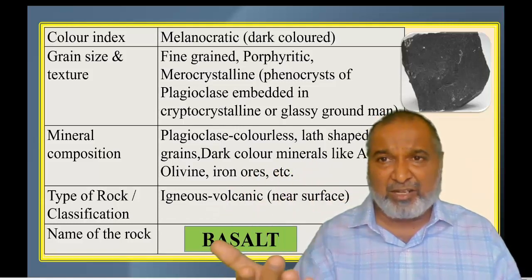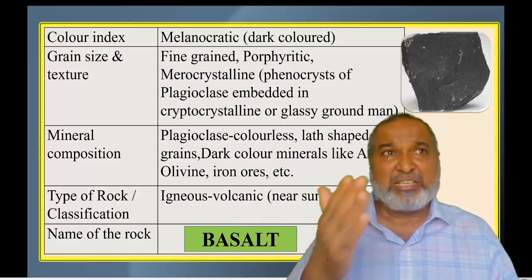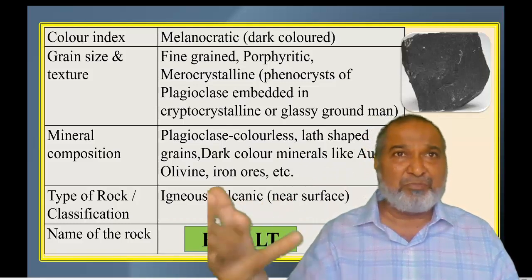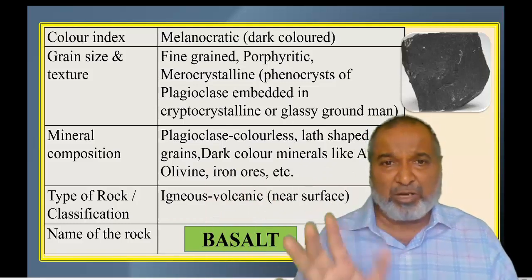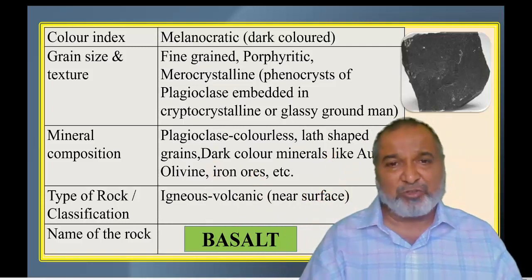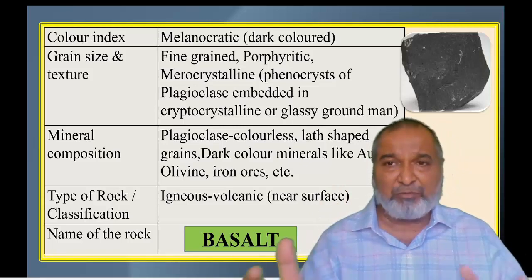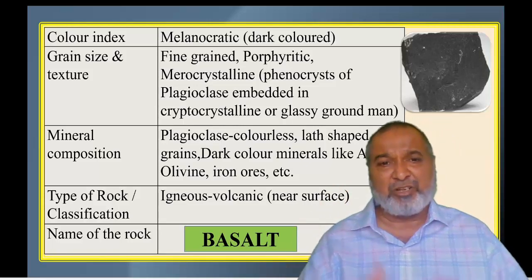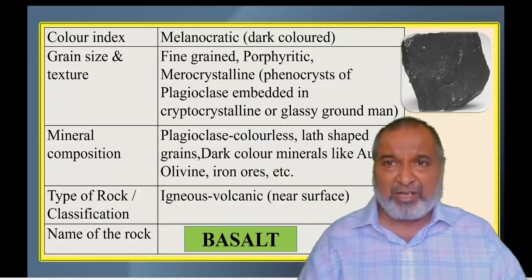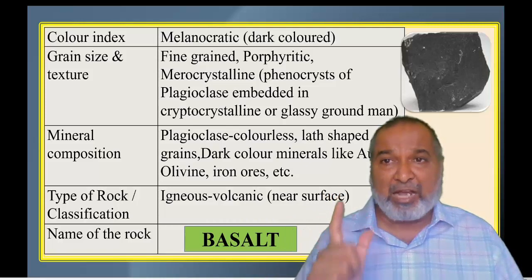Based on the fine grain, it is the volcanic one, and based on the plagioclase, calc-alkali. If the orthoclase is there, the color will be somewhat pinkish. But here we don't have pinkish, so that means the plagioclase is there. So that is the way we are going to classify the rock, and we have to write down that information, and based on this information we will classify or identify the rock as a compact basalt.